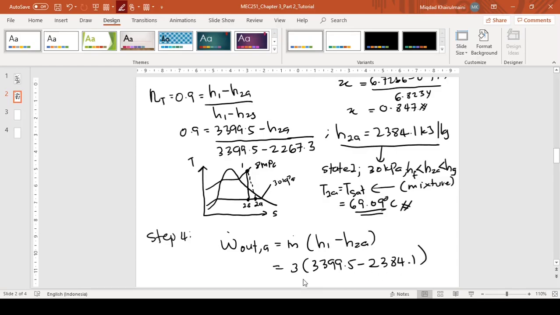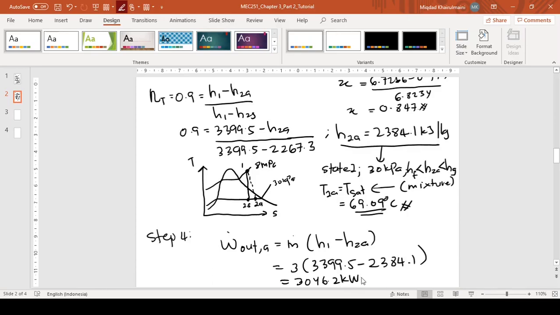This will give us the result in units of kilowatt, 3046.2 kilowatt.